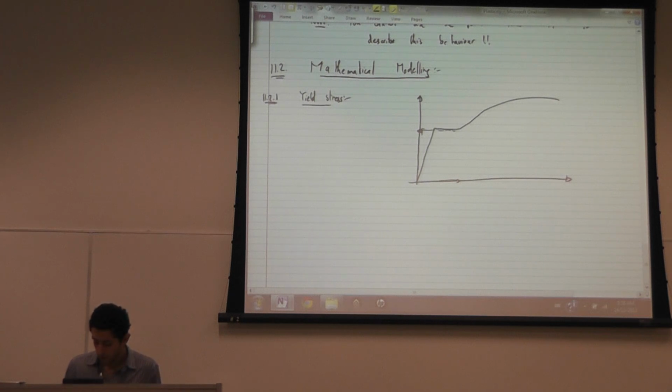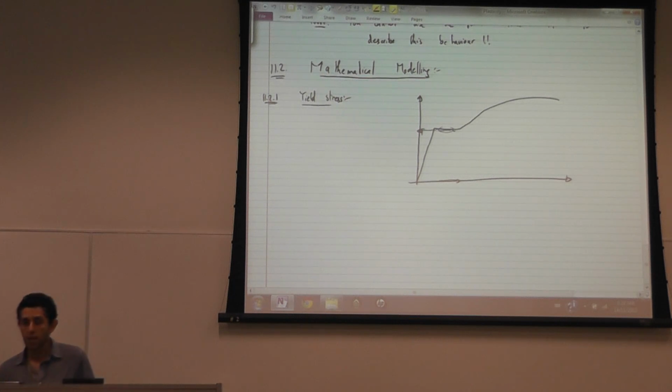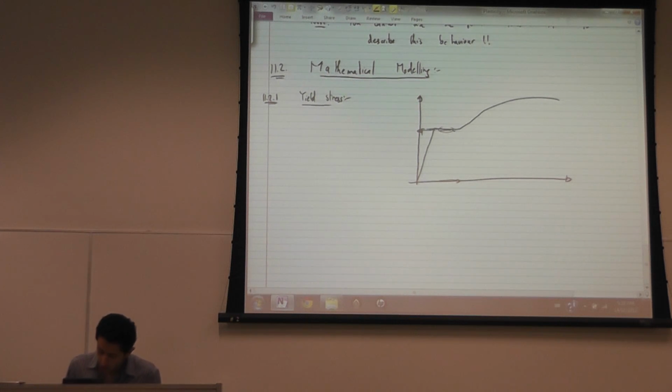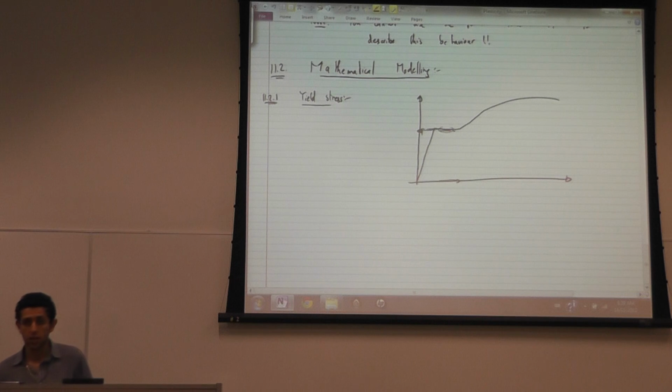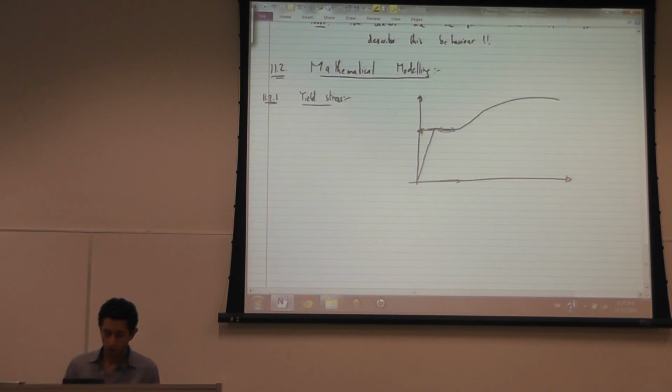So you can define the stress as the average of this region, or however you want to define it. You can define it as the maximum point before it drops, or the lower point. You've got upper yield, lower yield, however you want to define it. But they're all very close to each other.